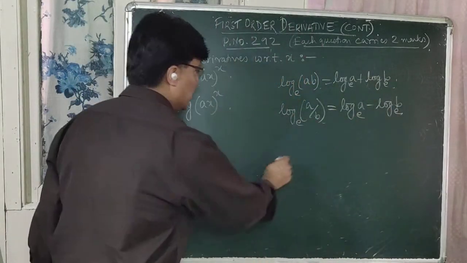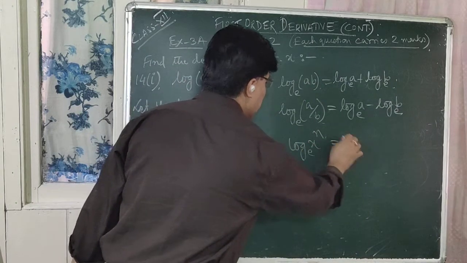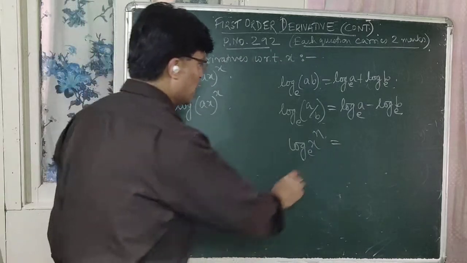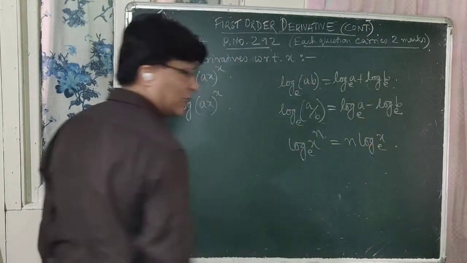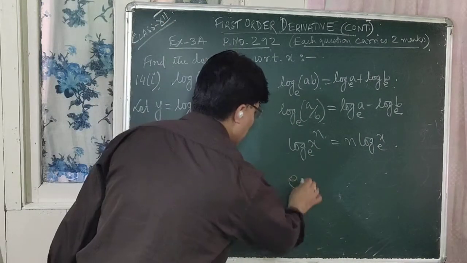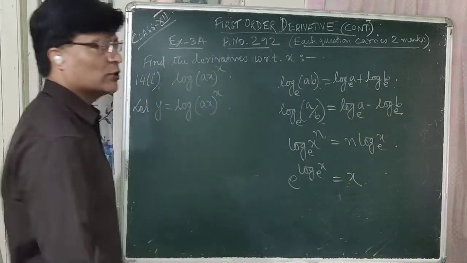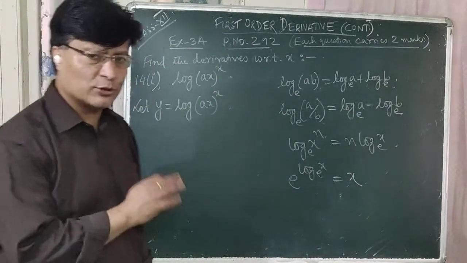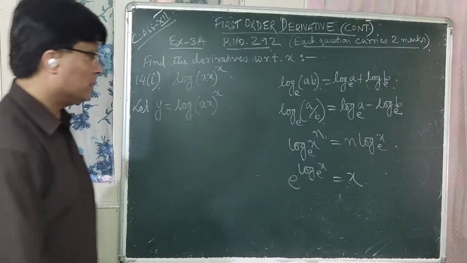Then comes log x to the power n, base e, which is equal to n log x base e. Then e to the power log x base e is equal to x. So these are the properties of logarithm that you should know. I think you have done it in class 11 also.